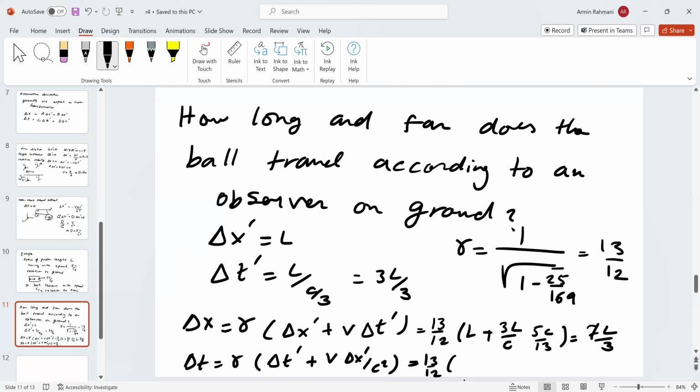Delta t prime is 3L over c, then plus v is again 5c over 13, and then delta x prime is L over c squared. So this reduces to something like 11/3 of L over c.